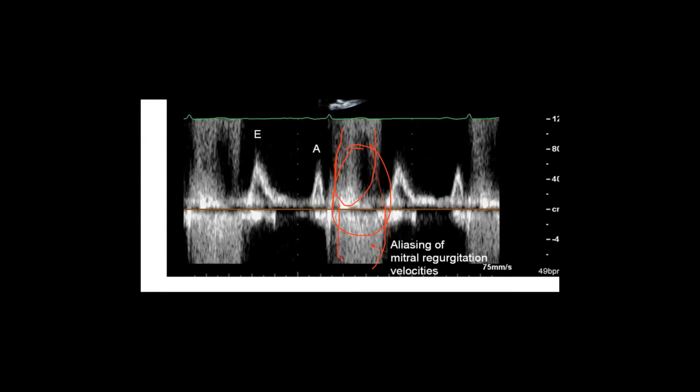It gets aliasing because the PW can capture low velocities, but gets mixed up with high velocities in an aliasing process. Okay. Good. Now you know. Very well.